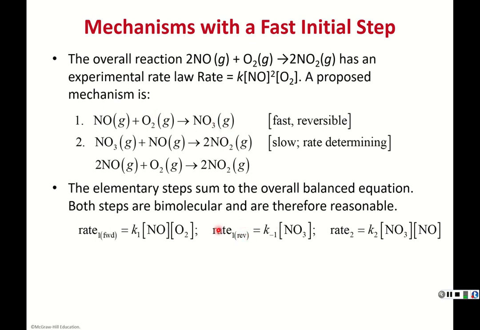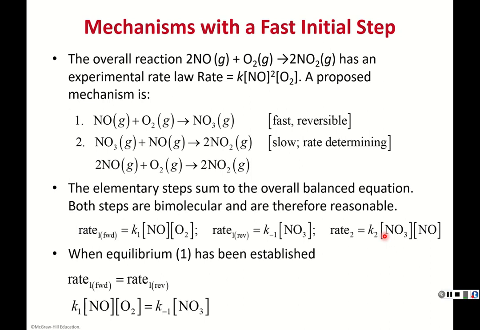We can write the rate in the reverse reaction as well as k-1, k sub minus 1, meaning it's going in the backwards direction, and that's only dependent on NO3. And then the rate of equation 2 is going to be k2[NO3][NO].